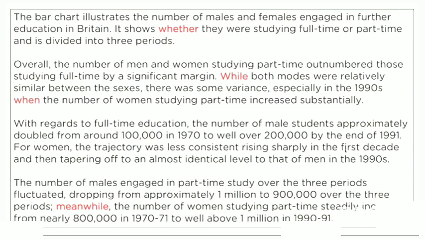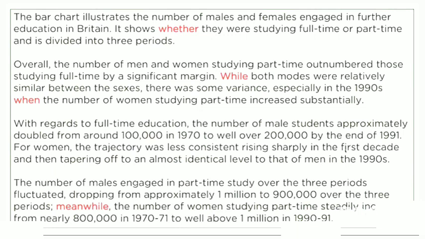The next thing we wrote that modes were similar, that for both males and females the movement of trends was similar, but there was some variance, there were some changes, like during 1990s the number of women studying part-time increased substantially. I told you that the number of females for part-time increased continuously, that means it increased substantially.